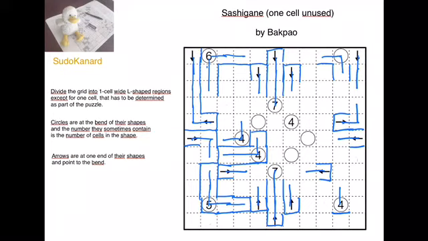This now has to be closed. This cell may be unused, but those can't be unused with it. So we have at least this and at least this. So I think we're supposed to find the unused cells somewhere else in the grid so that this region extends to those cells.